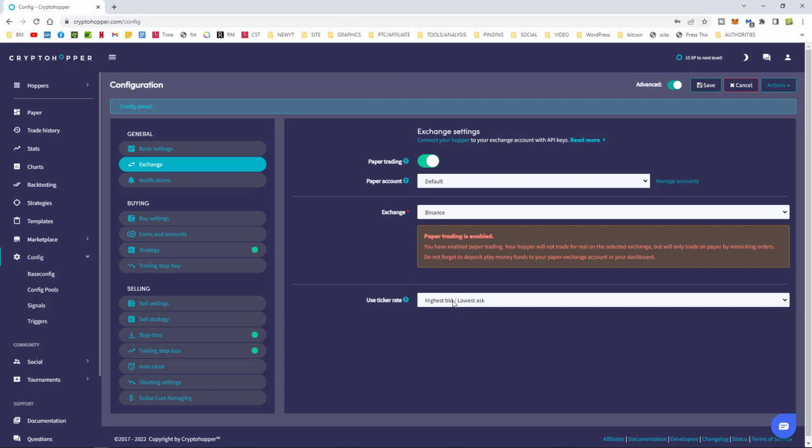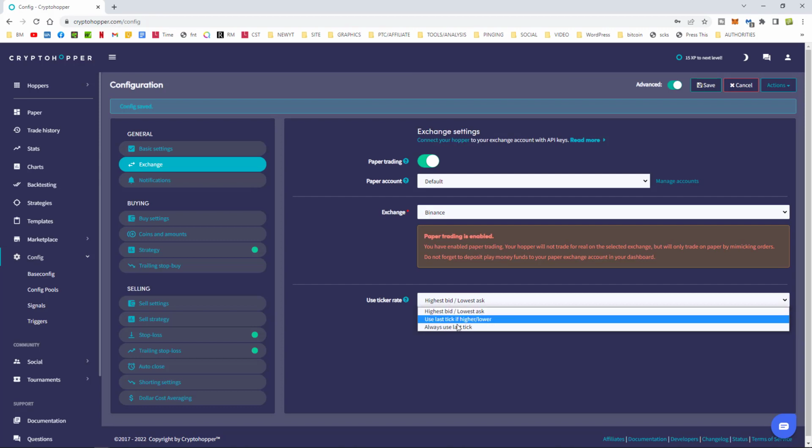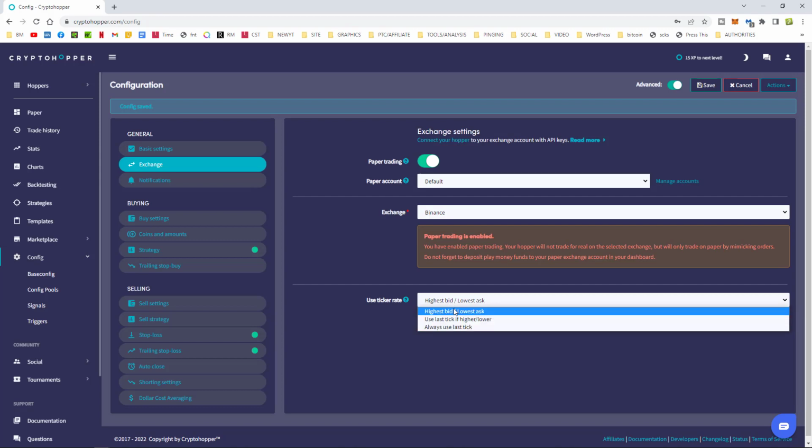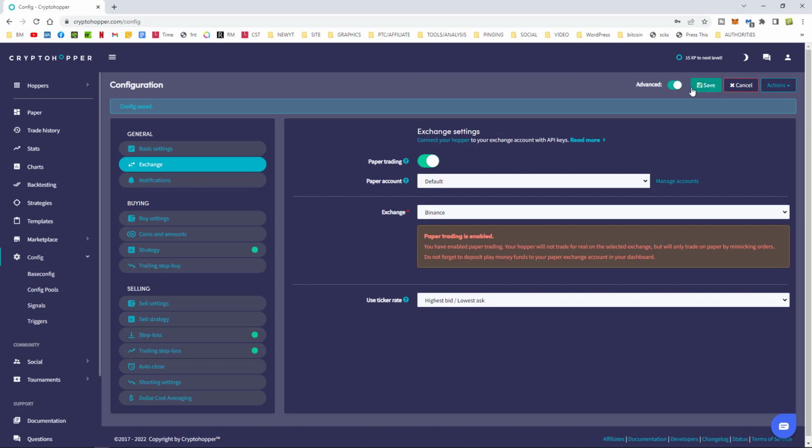Highest bid, lowest ask. I don't think actually this matters anyway, because we're sending signals to it, but that's usually what I have mine on when I'm using it automated within Cryptohopper itself. Okay, and save that. I like to save every step after I've configured it.